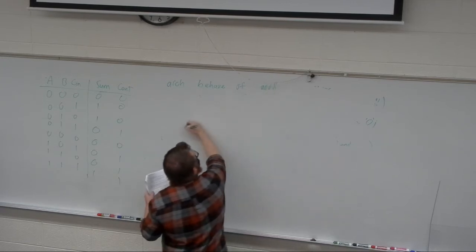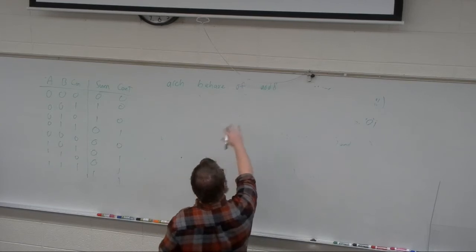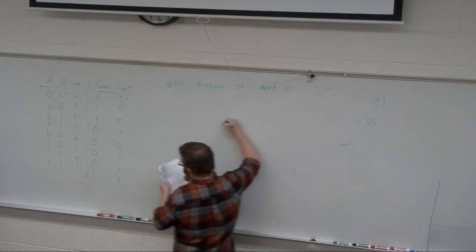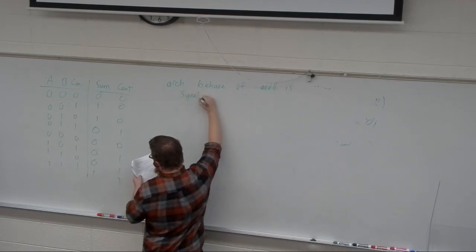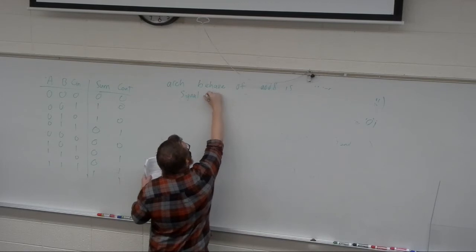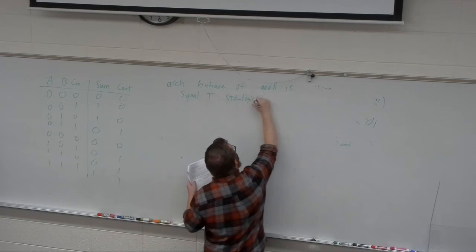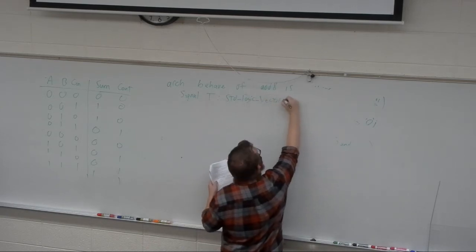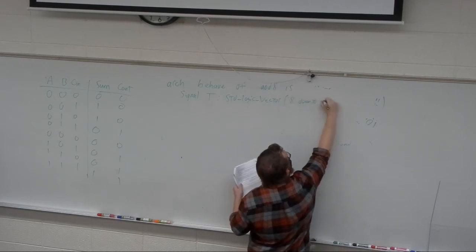So let's make an 8-bit adder. Architecture behavioral of 8-bit adder is, and let's start by creating a signal. That signal is going to be called T of standard logic vector, and it's going to be 8 down to 0.